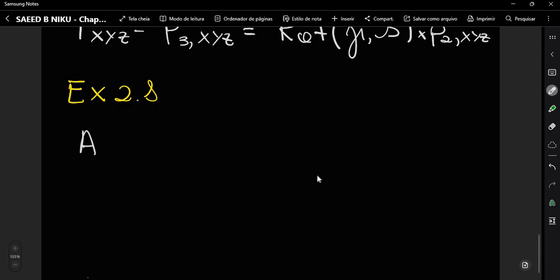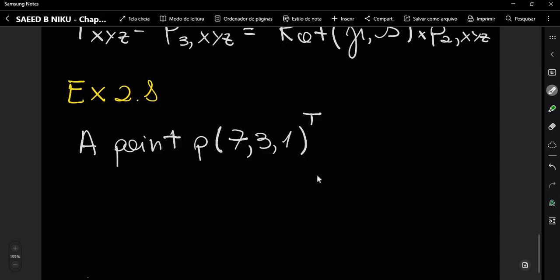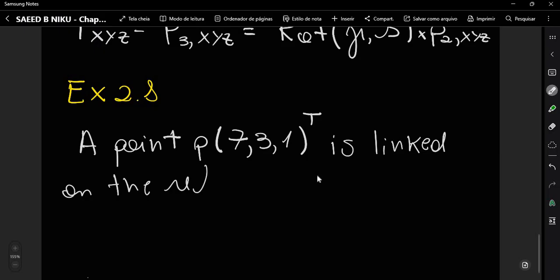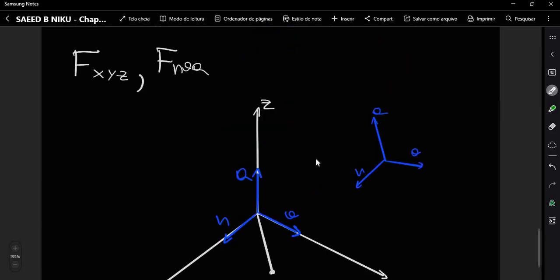Let's say that we have a point P, and this point is in some specific position and is linked to the reference frame F and OA, as we have done right here.